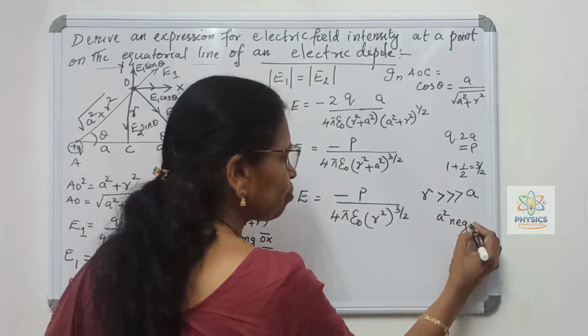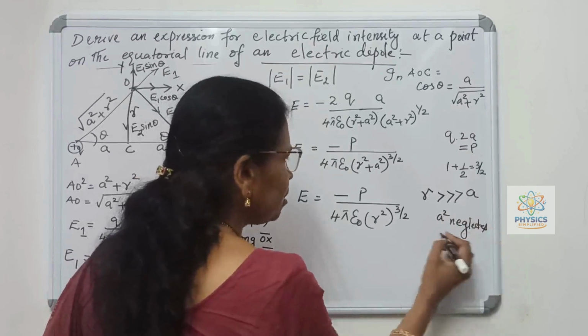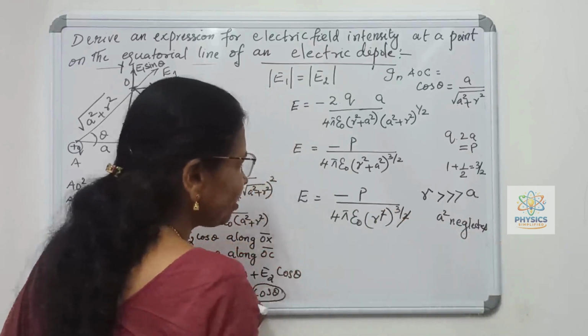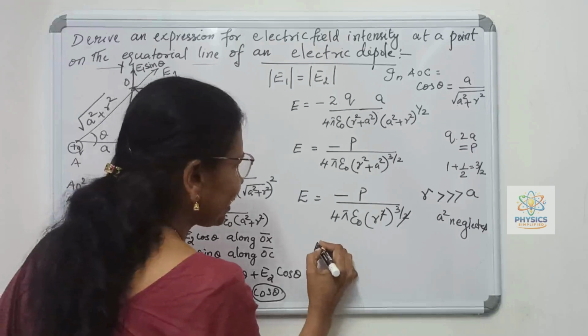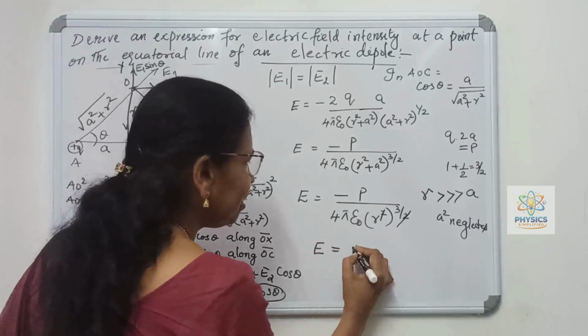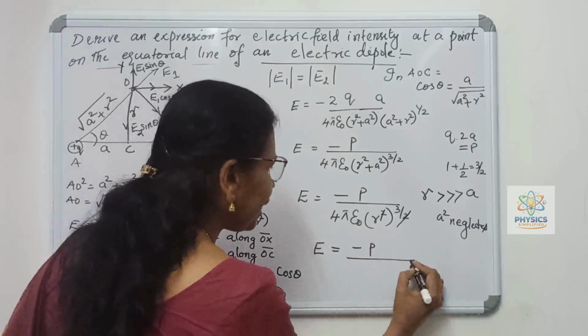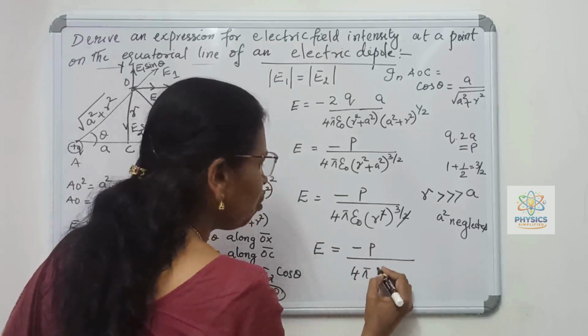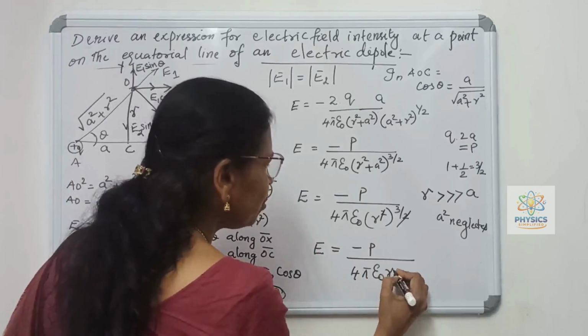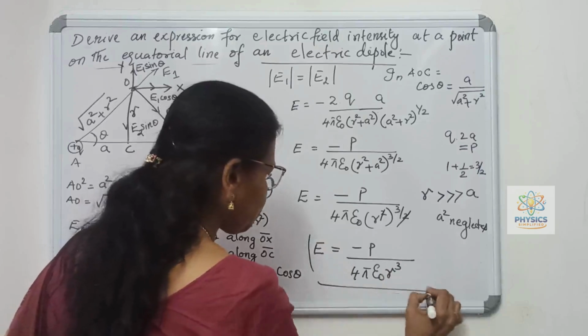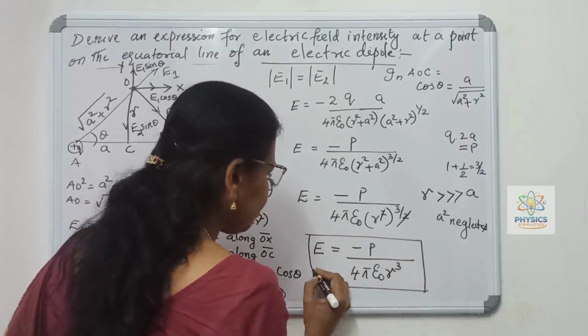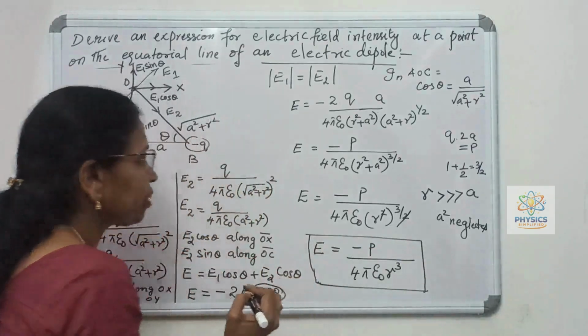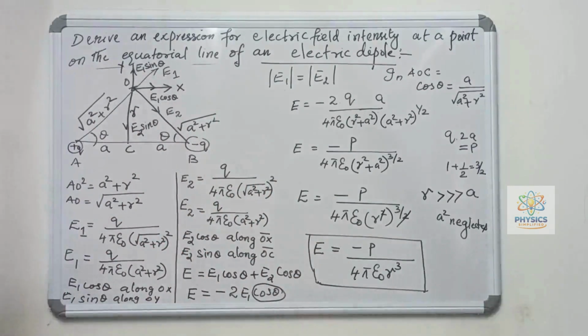A square can be neglected. So here 2 and 2 cancel. So we get the electric field intensity E is equal to minus P by 4 pi epsilon 0 R cube. This is the electric field intensity along the equatorial line of an electric dipole.